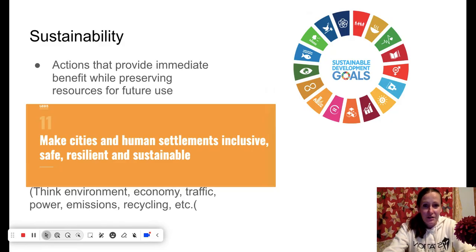And you see here an example of how it's in one of their UN goals as well. So when you think of sustainability, it's the ways things affect the environment, the economy, right? Traffic, power, emissions, recycling. It can impact so many different things, and so many different things can be involved.